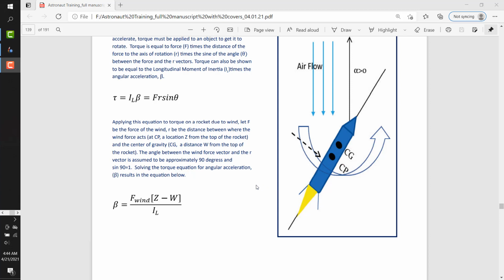The angle between the wind force vector and this distance is considered to be approximately 90 degrees. We know that the sine of 90 is 1. So dividing both sides of this equation by the moment of inertia, this equation becomes this equation.